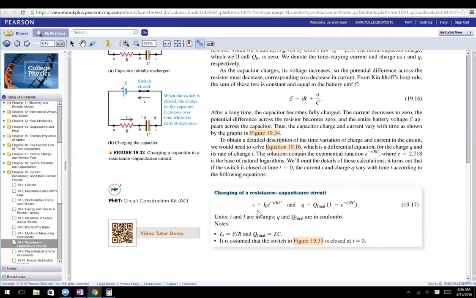So I is still the same formula as before, but Q, there's no initial Q, because we're charging the capacitor, so it should start at 0. The only difference is instead of Q having e to the minus t over RC, you have 1 minus that. That way it starts at 0 and gets bigger.